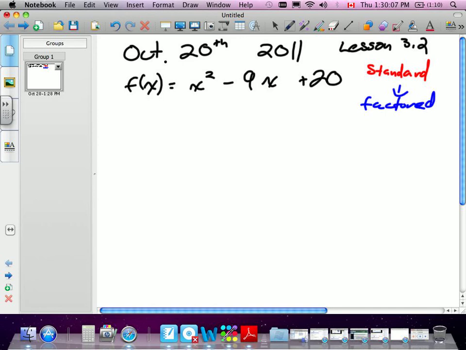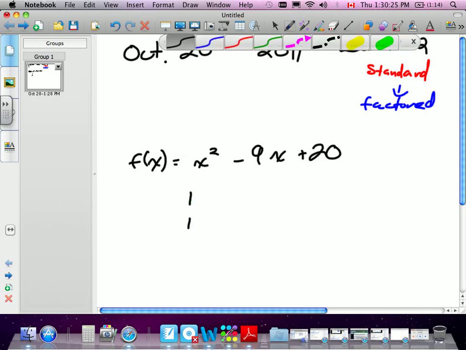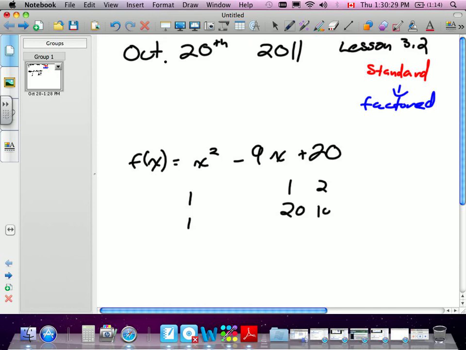To find the factors of this, I take the factors of a, our first term, and our last term. Move it all down. We take the factors of our c term, the last one, so 1 and 20, 2 and 10, 4 and 5.